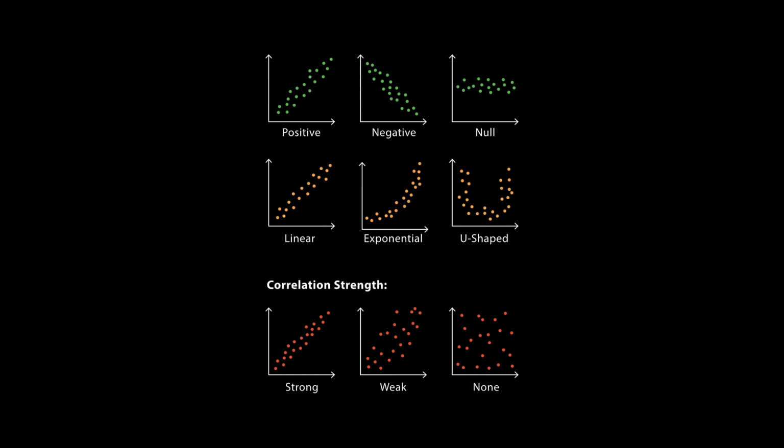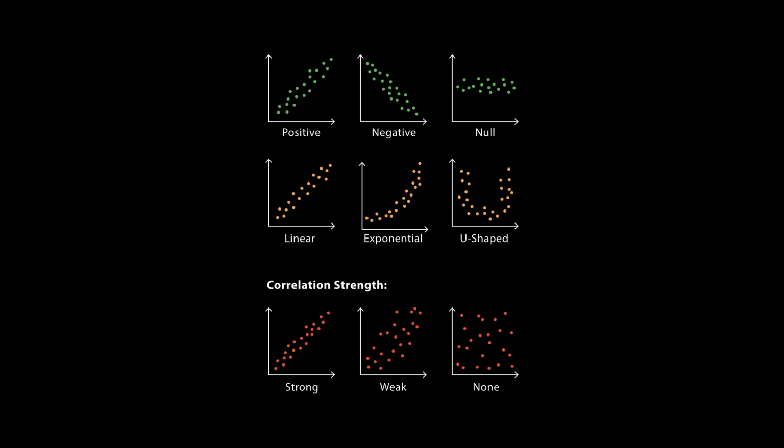So this helps to communicate how two variables impact each other. And if there is no correlation, you'll get null, which is just a line going across. But then the shape can also be described as being linear or exponential or a U shape.